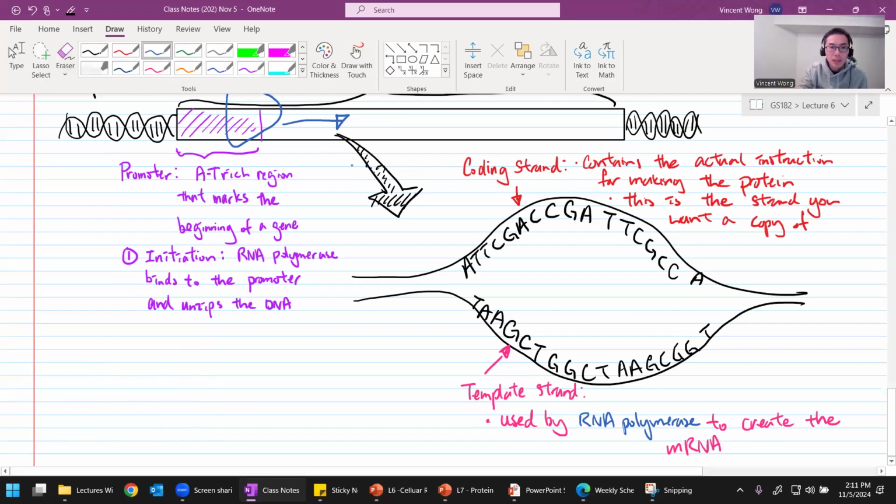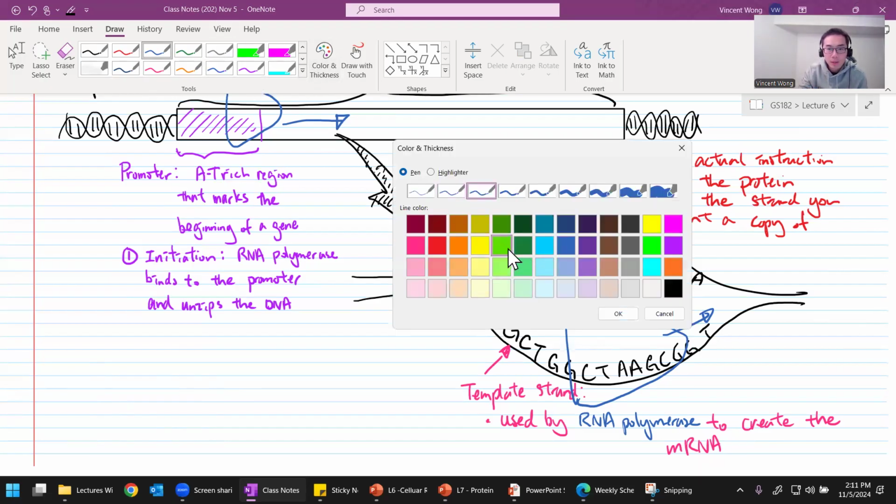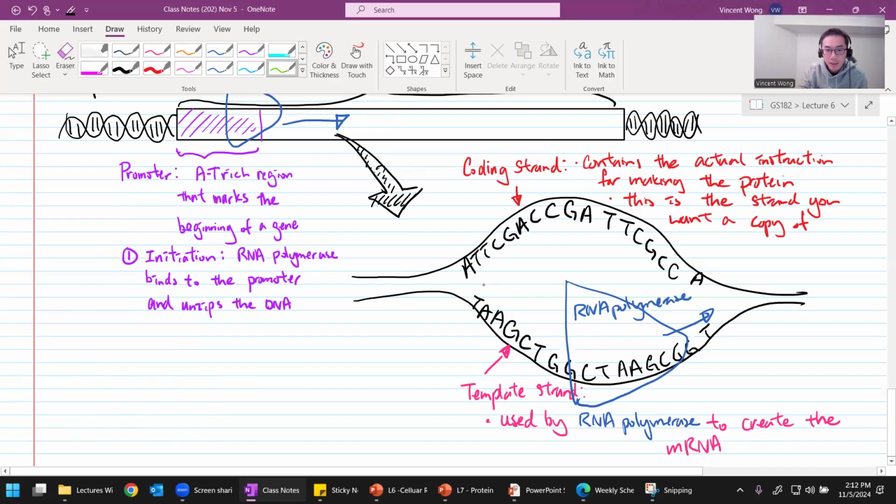So let's take a look here. Let's say I put the enzyme here, the RNA polymerase, and then it's just moving along. So it will build the stuff. Like, A, U, there's no T, we have to use U instead.